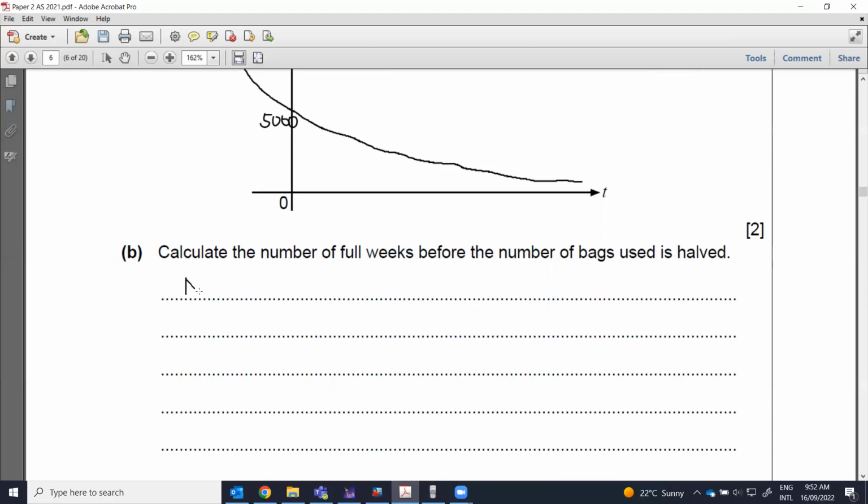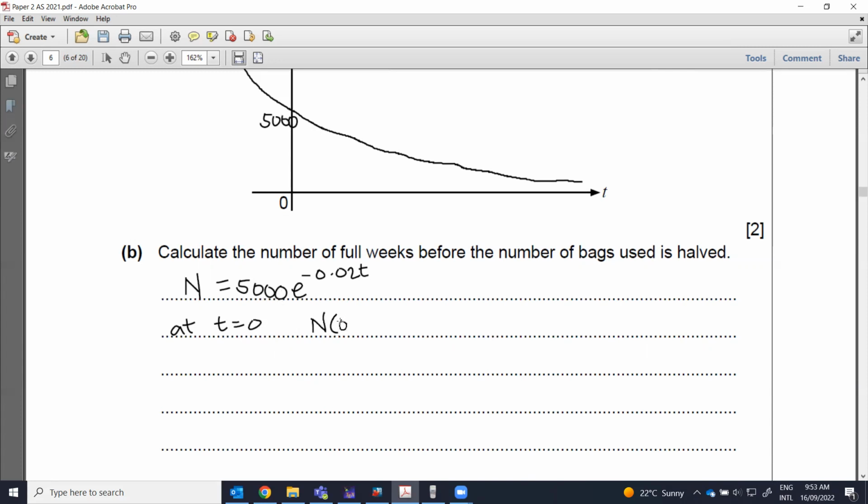So the formula is this: N is equal to 5,000 e to the power of minus 0.02t. Now at time 0, that means at the beginning, at the very start of our campaign, how many plastic bags are we using? So we do the same thing that we did to get this 5,000. We substitute t is equal to 0 into this formula.